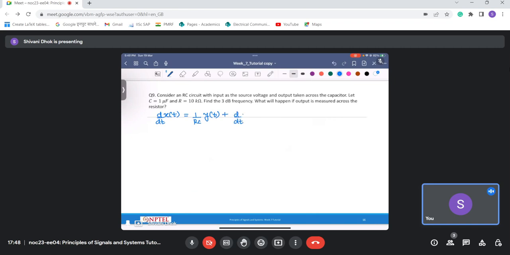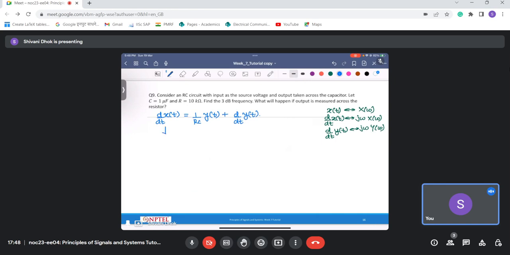Now if we consider the differentiation in time property, that is, if x(t) has Fourier transform X(omega), then d/dt of x(t) will have Fourier transform j omega X(omega). Similarly, d/dt of y(t) will have Fourier transform j omega Y(omega).